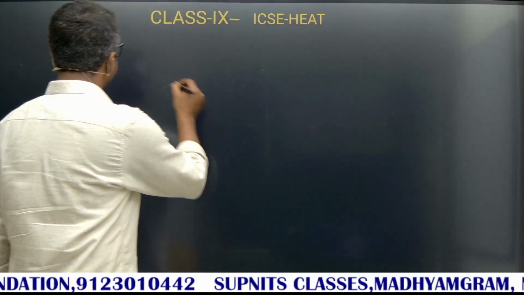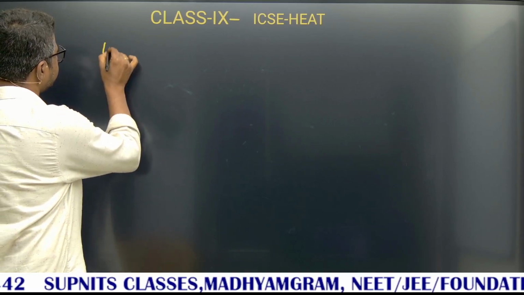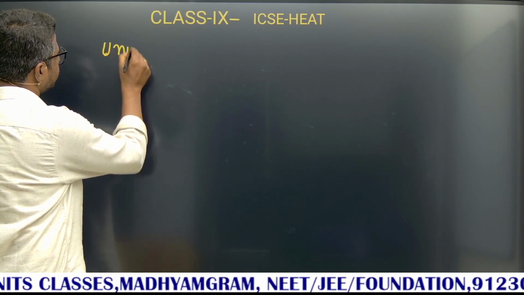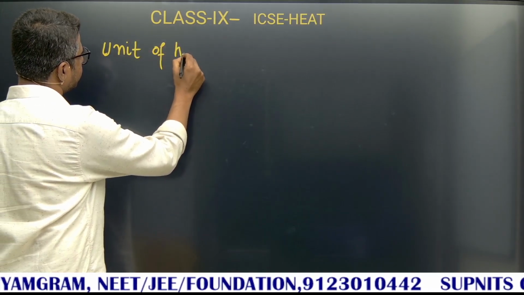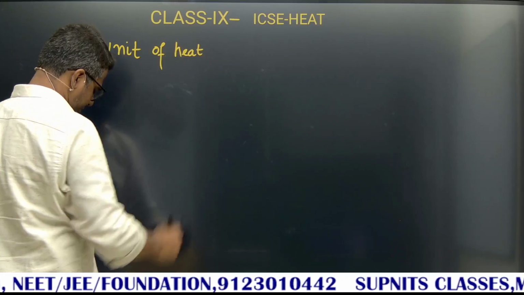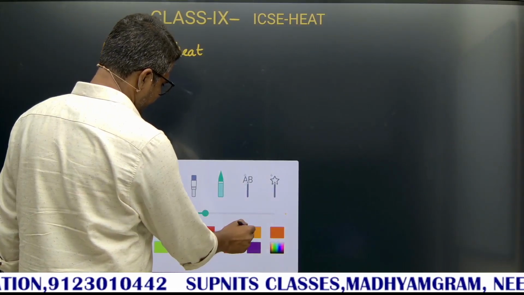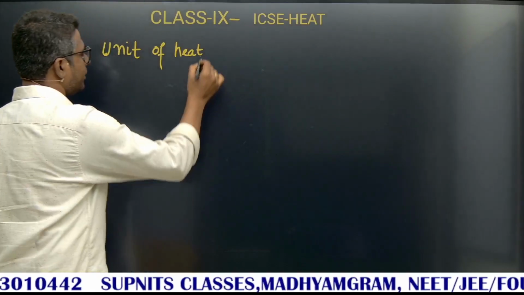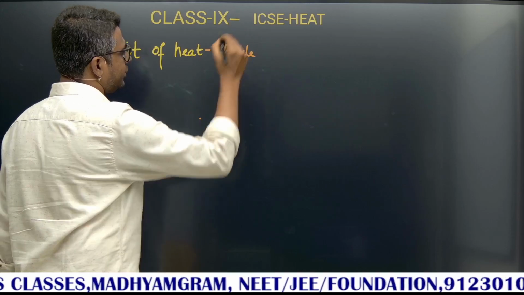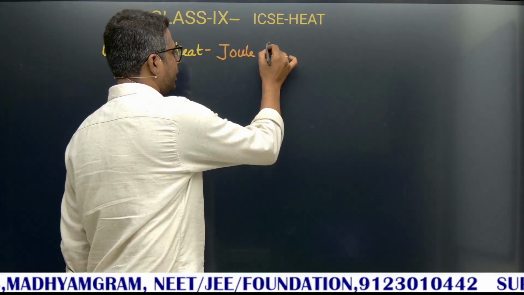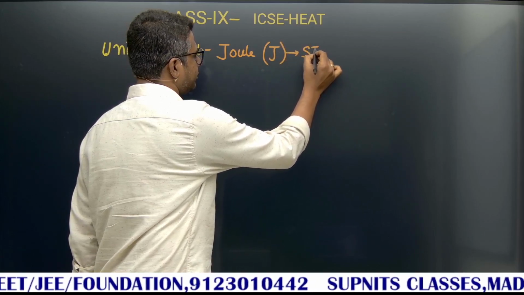So the unit of heat is joule. Joule can also be denoted as capital J. Now this unit is the SI unit.